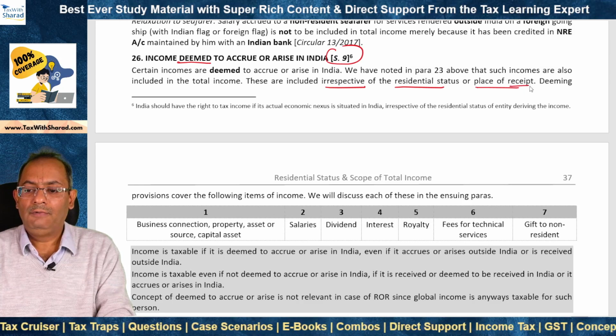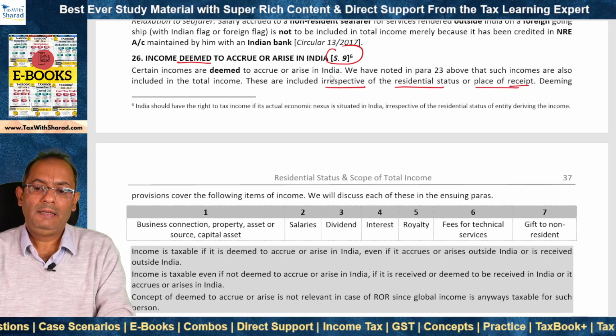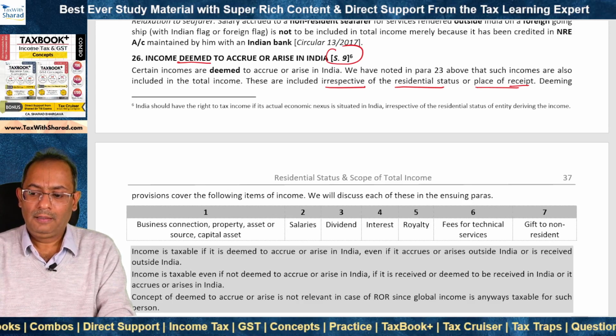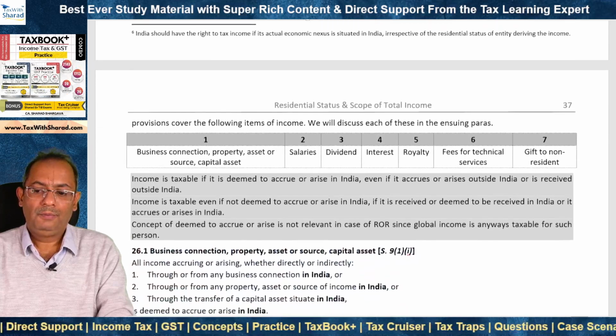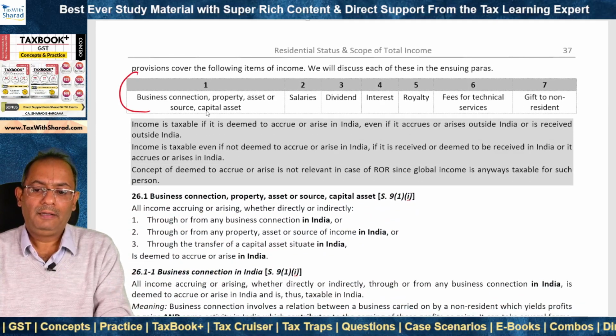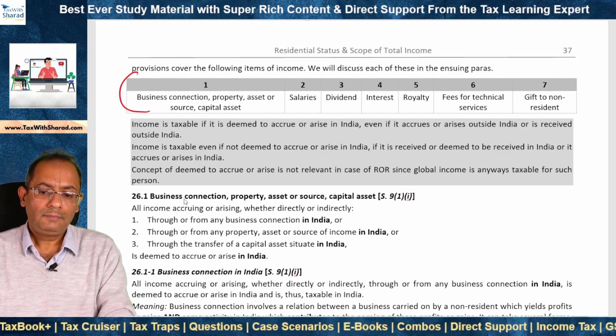Even if it is received outside India, it's taxable in India if, as per section 9, it is deemed to accrue or arise in India. And there are 7 categories of items that are enumerated or listed in section 9. 7 categories of items, and we will deal with each of these items, right?